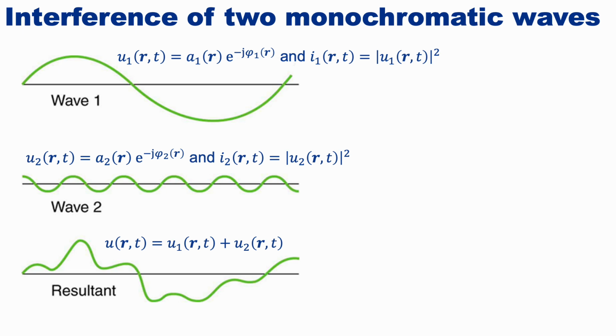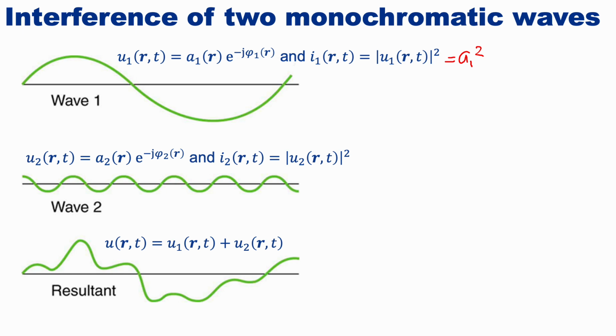So we need to simplify. That means that if we have the same temporal and spatial frequency, it's monochromatic, so they are characterized by a single wavelength. And we have here our first wave with the amplitude and the phase, and then the intensity, which is just going to be a1 squared, so we lose any phase information.